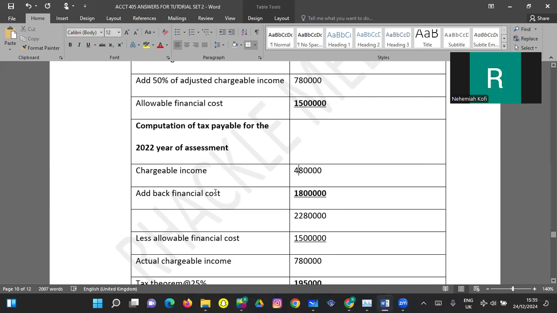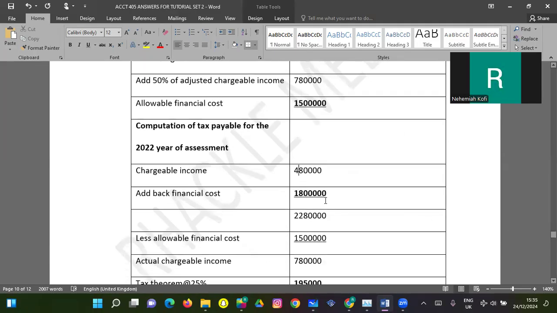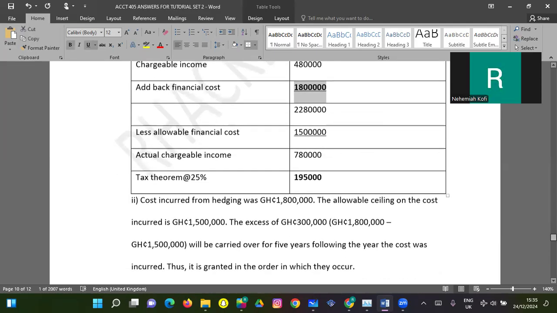What we are going to do as adjustment is only the financial cost. But in case we want to find our allowable finance cost, we have to remove both the financial gain and financial cost. But if we are doing only the computation, it's only the financial cost that is being added back. All right, so this will be it.